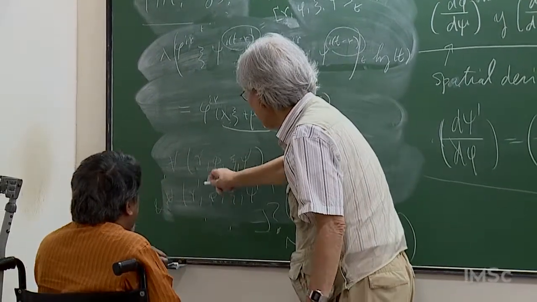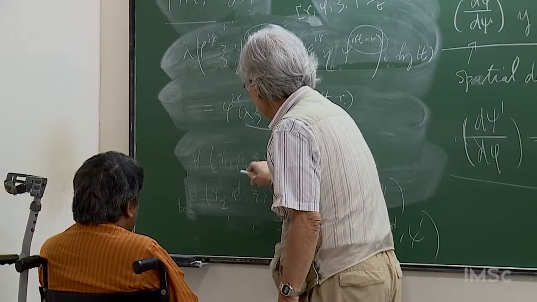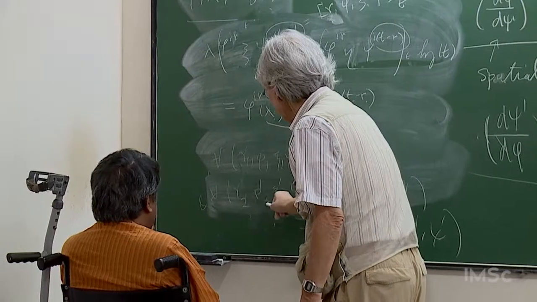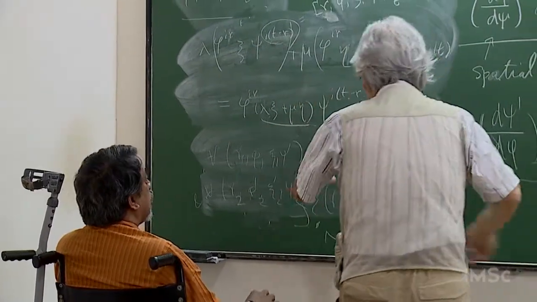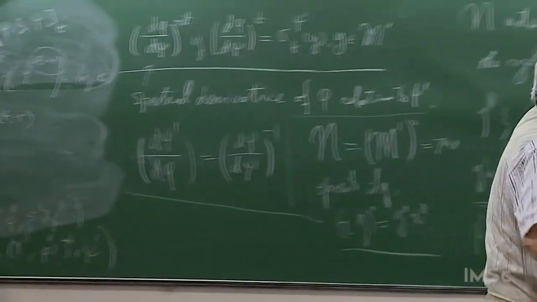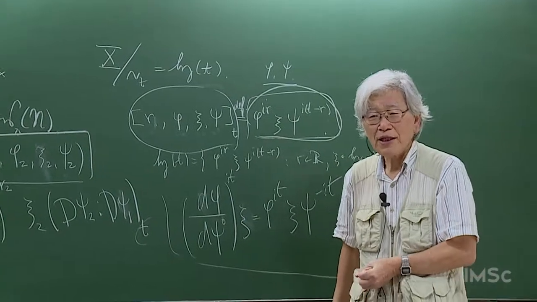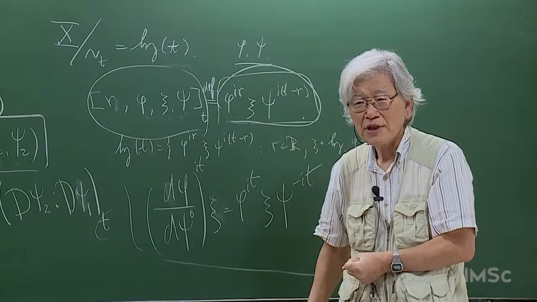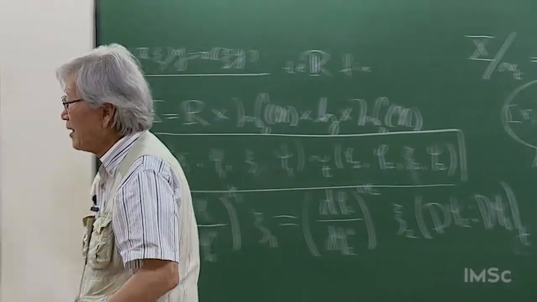No. If you have R1, R2, phi1, phi2, xi2, psi2, then unless you have this relation, they are not the same element in the space. But if you have lined them up, okay.